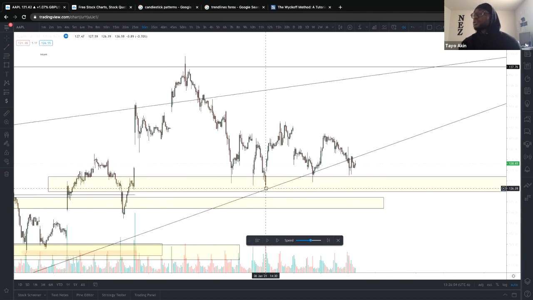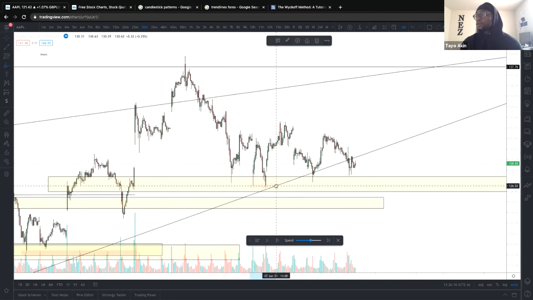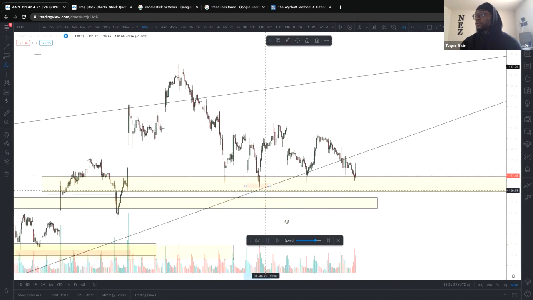Price broke structure. So as long as price does not break this low for me, I think I'm still going to stay in the trade. Okay. So you got to play smart. So let's pay attention to price here. If price does not come under there, I'm staying in trade.